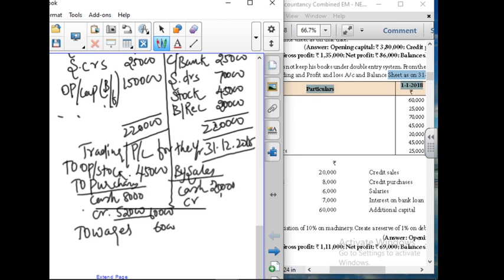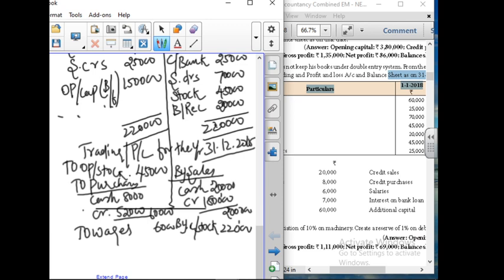Credit is 1,80,000. So 2 lakh is the amount, and your closing stock 22,500.